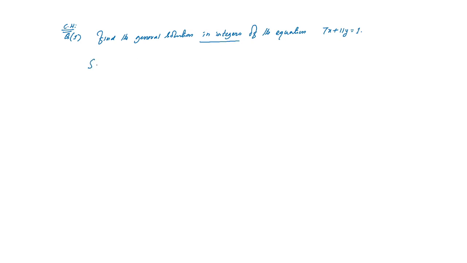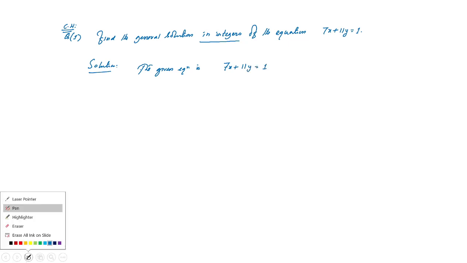This is obviously a Diophantine equation, and here the GCD of 7 and 11 is 1, so it must have a solution. The given Diophantine equation is 7x plus 11y equals 1.